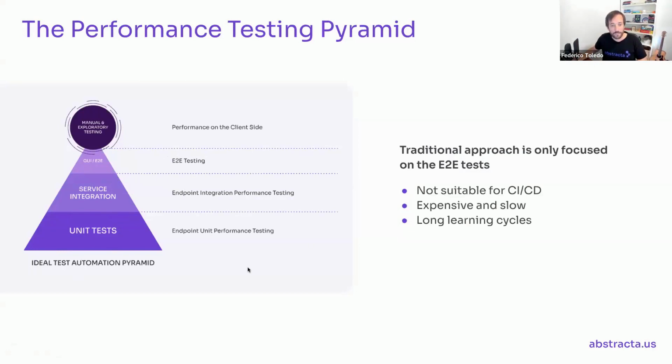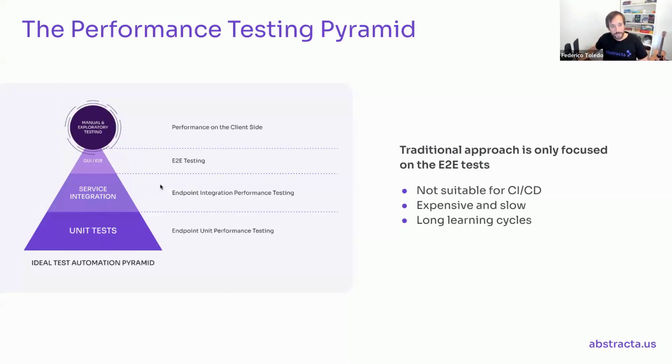And our efforts should be put in different layers, like in the unit layer and in the service integration layer that I will explain in a bit. And also on top of this, as some people also included manual and exploratory testing in the pyramid, I will include here the analysis on the client side using different tools that we will see later on in the presentation.